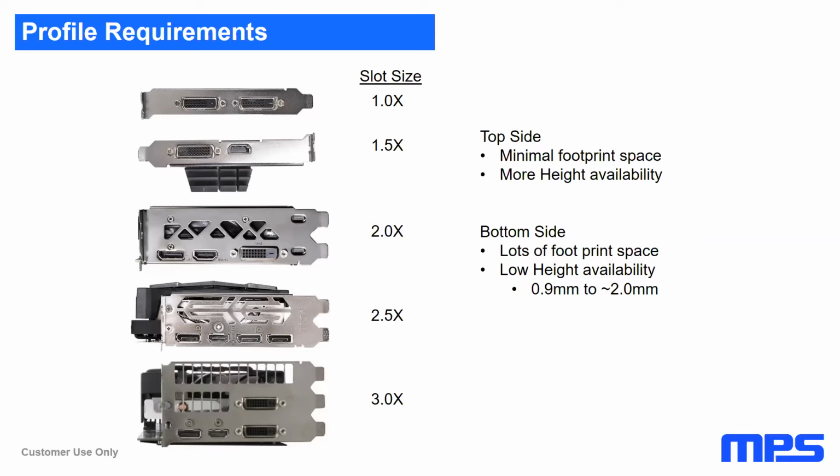But this can create all kinds of noise issues, and it's not recommended to do through vias for switching like that. That's where MPS's inductors can come in, and now our power modules with integrated inductors, where we can provide solutions in both of these categories, and that makes us a really key solution provider for these cards.